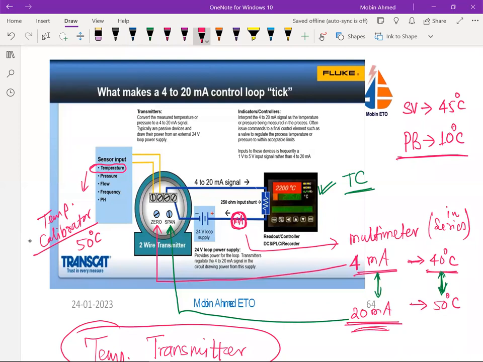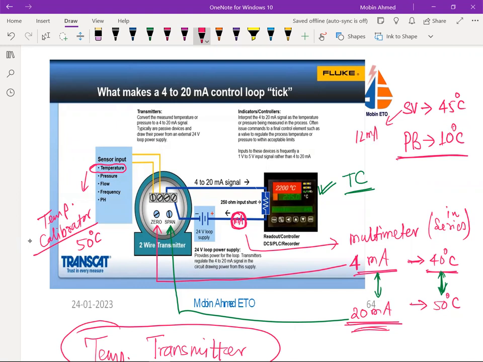So now you have set the set value 45 degrees and the proportional band to 10 degrees. How has the set value been set? Because if you set the proportional band, the mid portion, that means 45 degrees, will always read 12 milliampere.